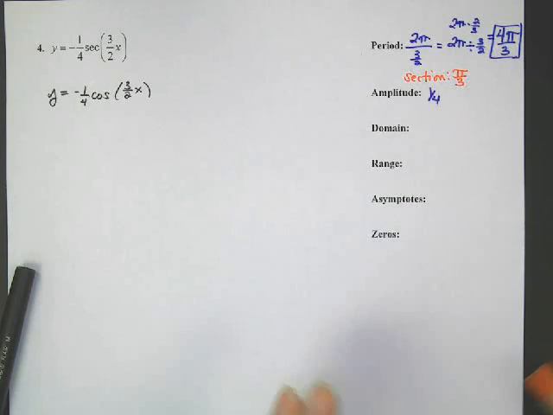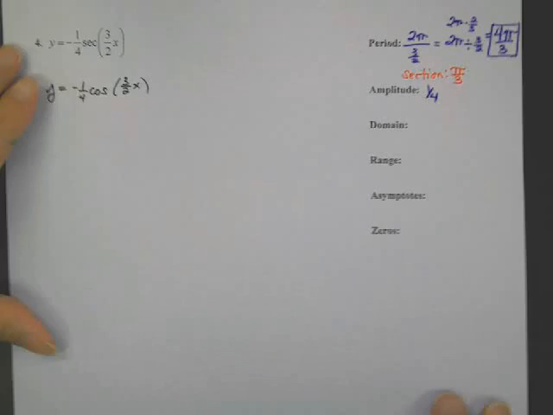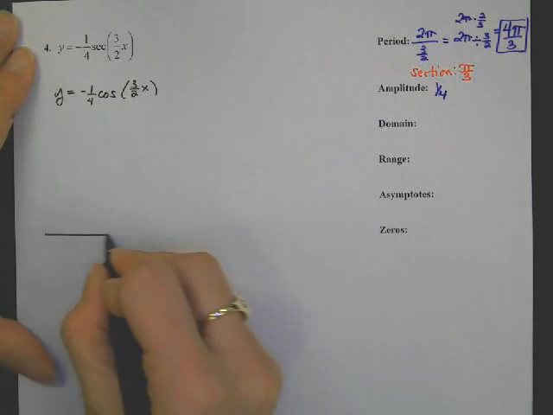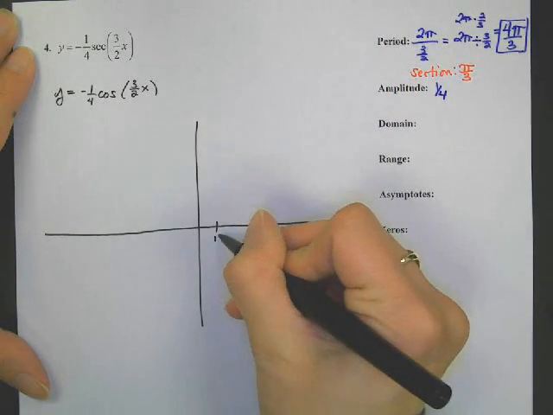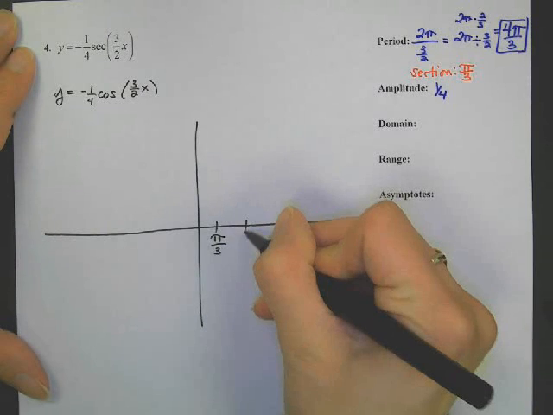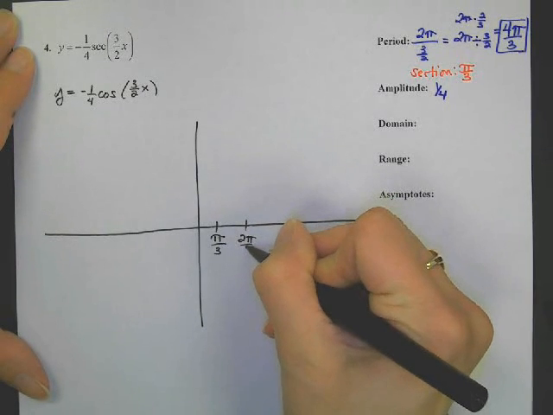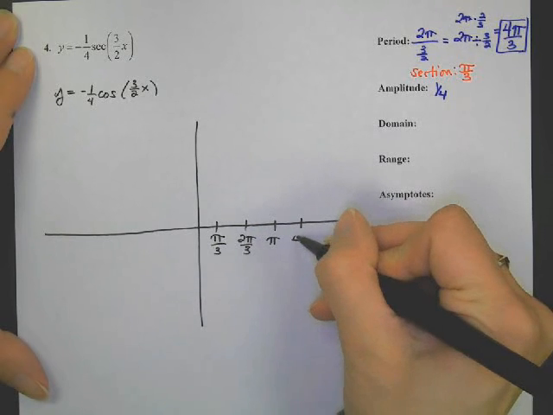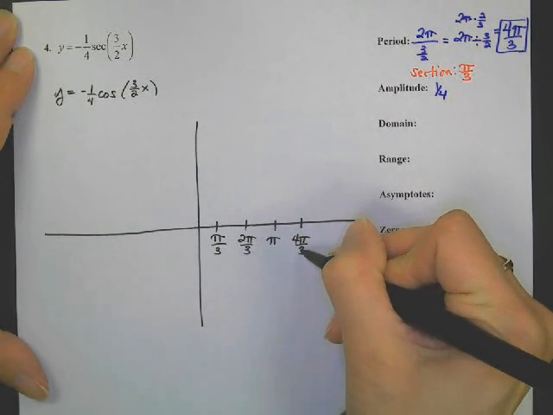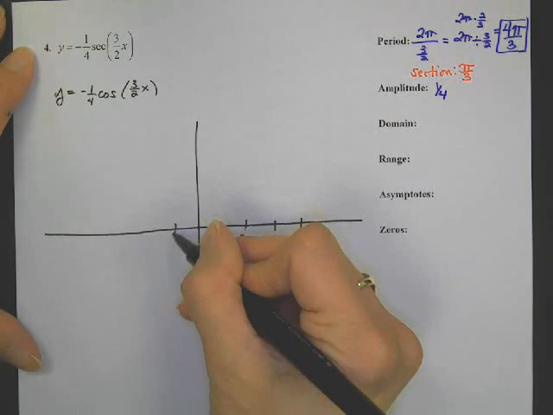Okay, once you get your period, your sections, and your amplitude, you're ready to label your axes. So we've got our x-axis and a y-axis. Our sections are pi/3, 2pi/3, 3pi/3, and 4pi/3. Did it work? It certainly did.